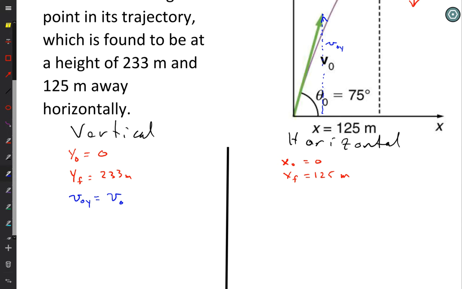My v0, my initial speed, is the hypotenuse of this right triangle. So the trigonometric function that relates opposite and hypotenuse is sine. Hence, I know that sine of theta is equal to v0y over v0. Solve it for v0y. It's v0 times sine of theta 0, where theta 0 is shown right there, 75 degrees.